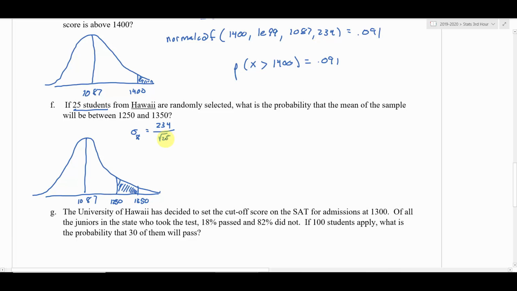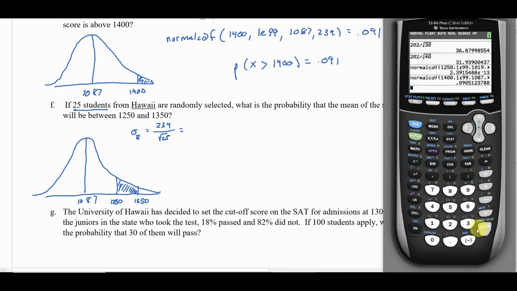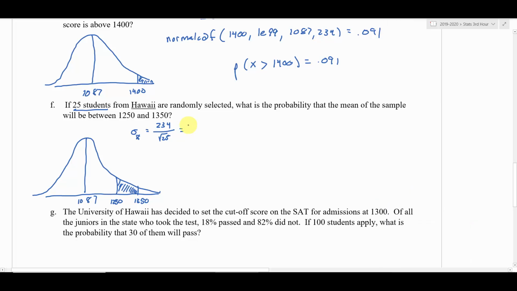And remember, if the population starts off normal, it doesn't have to be bigger than 30. But we still have a new standard deviation to calculate. So I'm going to do 234 divided by the square root of 25. Enter. And we got a new standard deviation of 46.8.